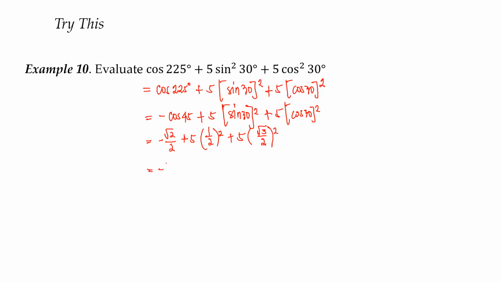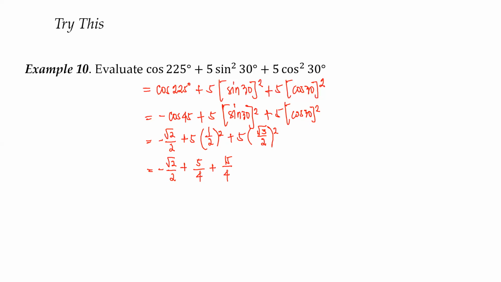So this is negative square root of 2 over 2 plus 5 over 4 plus 15 over 4, right? Because square root of 3 over 2 squared is 3/4, and 3/4 times 5 is 15 over 4.